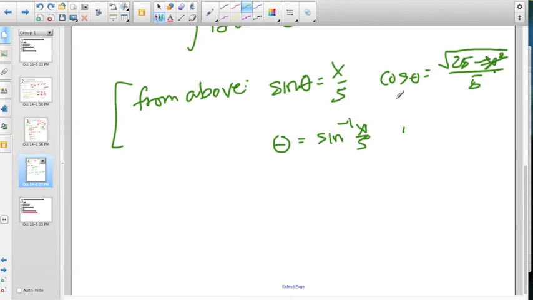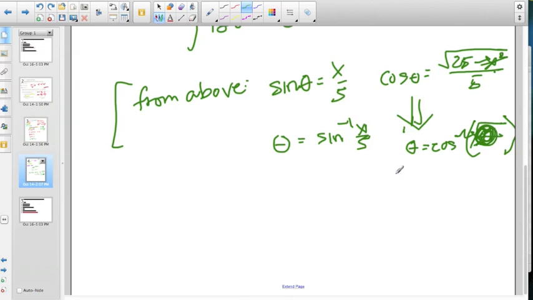We could solve this for theta if we wanted to. We could go ahead and say this is the inverse cosine of that expression, the square root of 25 minus x squared over 5. Okay, so we could do all of that solving in here, but it's much more complex.